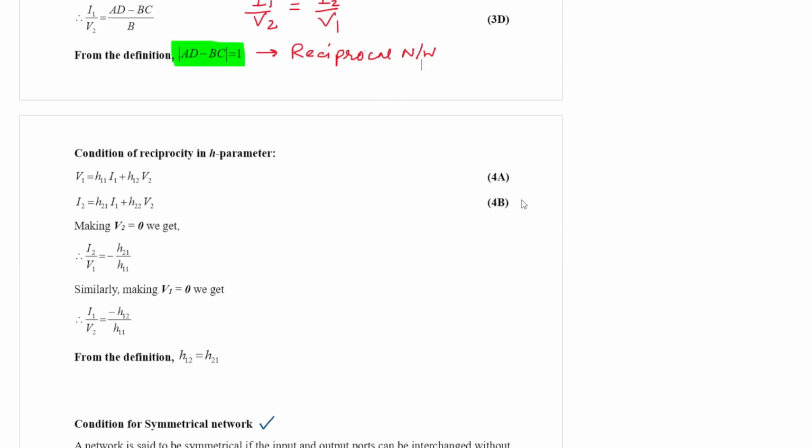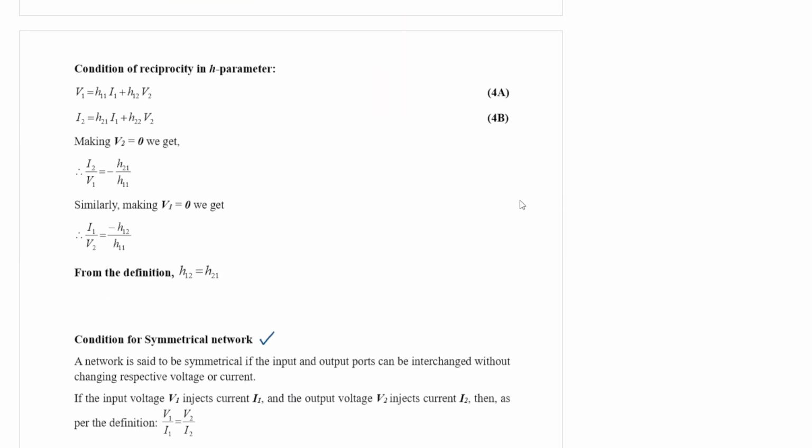Finally, in terms of H parameters, we have these fundamental equations: V1 is equal to H11 I1 plus H12 V2, and I2 is equal to H21 I1 plus H22 V2. We have that network. We are exciting it from the primary side, V1, and we have current I1 at the primary side.